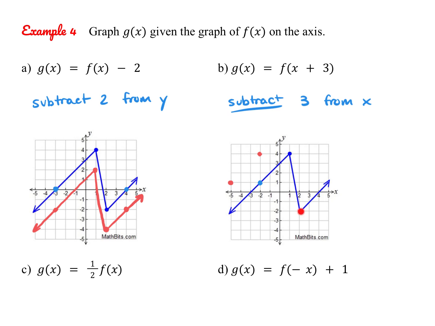I'll take this coordinate and go 1, 2, 3. And maybe I'll pick one more coordinate here again, and I'll just go 1, 2, 3. And then I connect my dots in the same consecutive order, the same relative order. And there you go. You can see our graph has been shifted over to the left 3.